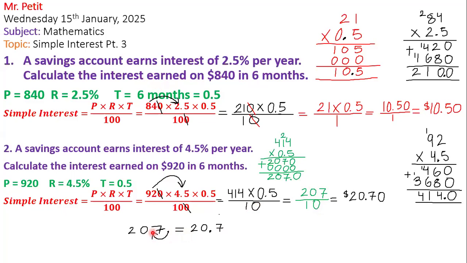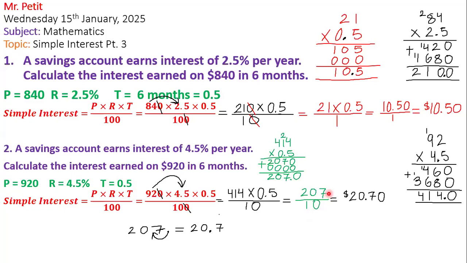Or you could actually divide it by 10 and you still get the same answer, but a shortcut is just moving it to the left. If it's division by 10, you move it to the left once. If it's division by 100, you move it to the left twice. If it's division by 1,000, you move it to the left 3 times. That makes sense? Yeah, it makes sense.